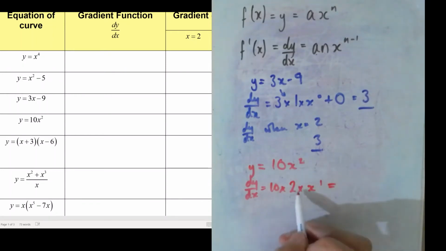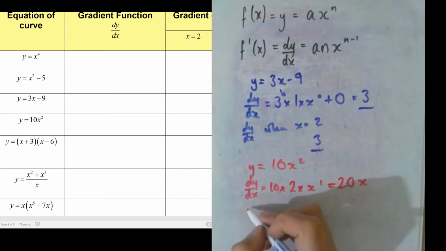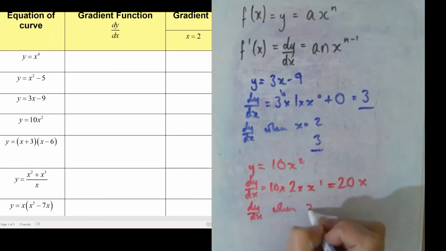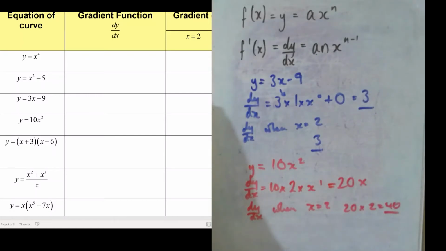And then I just need to simplify that, so 2 times 10 is 20x, okay? And then it says dy dx when x equals 2. So that will be 20 times 2, which is 40. Okay.